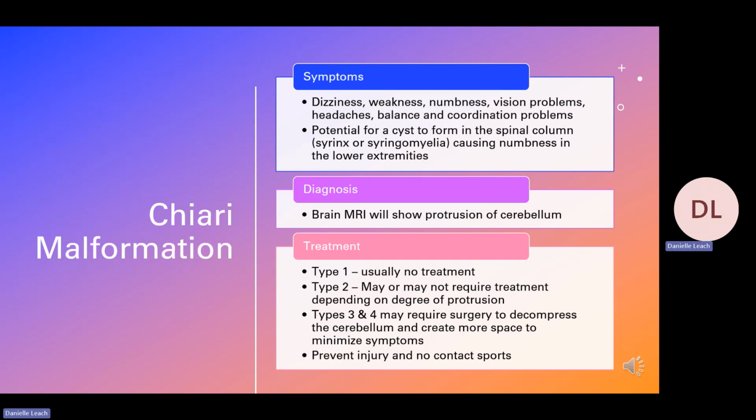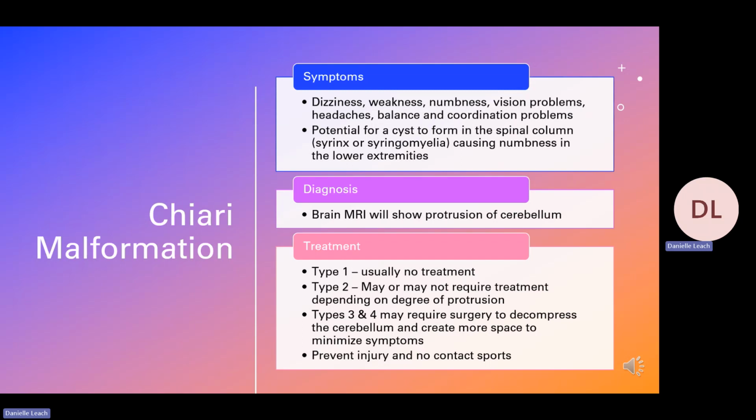Type 3 and 4 may require surgery to decompress the cerebellum and basically create more space to minimize their symptoms. So basically, if you can imagine that there's a lot of pressure on the cerebellum and sometimes other areas of the brain, basically the surgeon has to go in and decompress the brain. So sometimes they can also have hydrocephalus, which could be another complication.